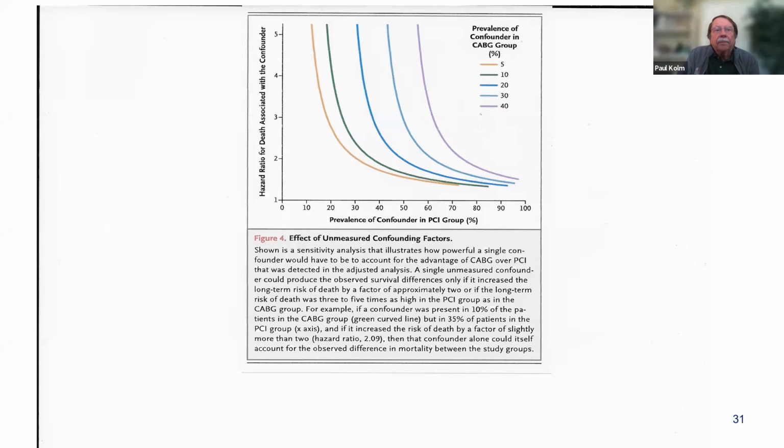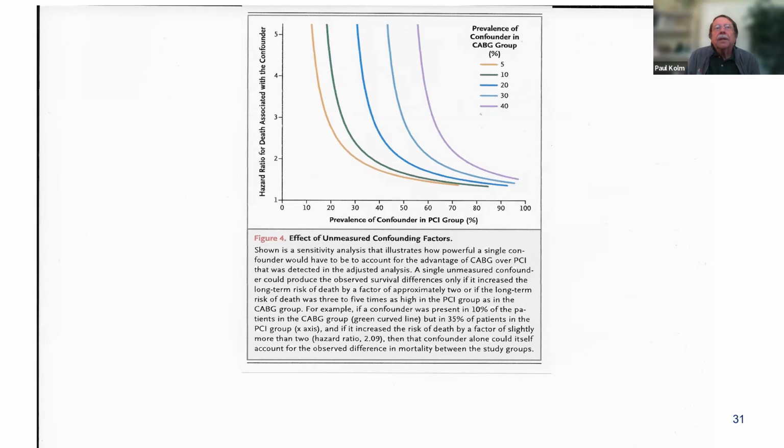So that would mean that if that confounder is present in those proportions in the two groups, then that could account for the difference in mortality between the two groups, and we would not be able to conclude that one group is better than the other with respect to mortality.